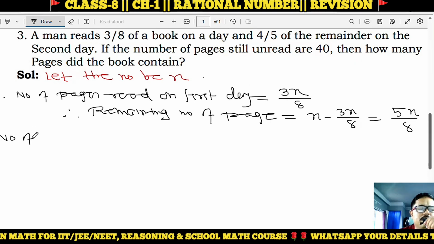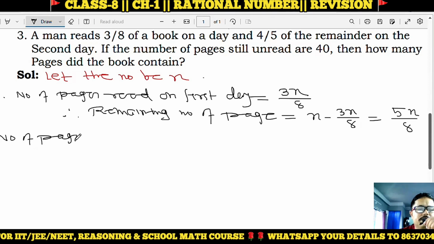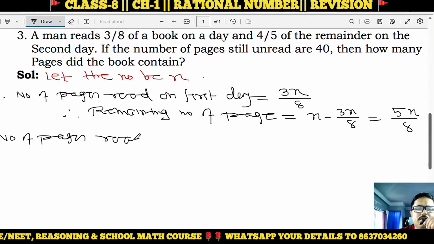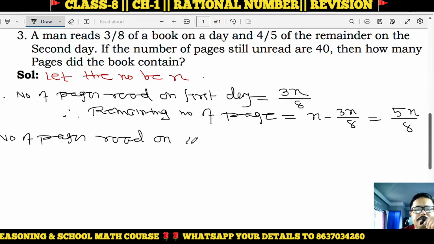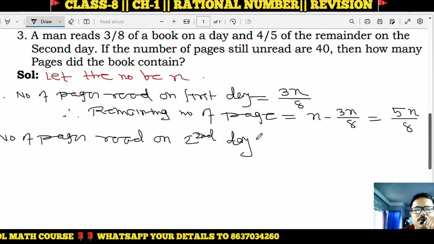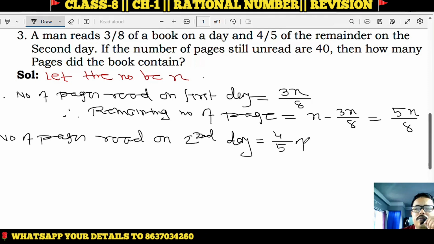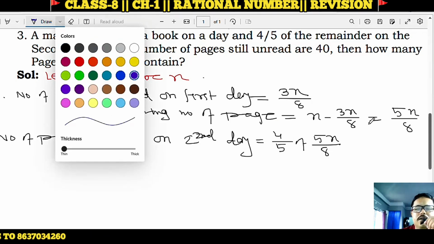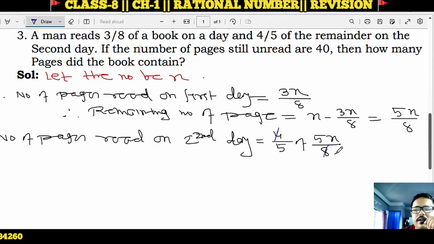So the number of pages read on the second day will be 4 upon 5 of 5x upon 8. So we can reduce the numbers: 4 twos are 8, 5 and 5 cancel. So it's coming x upon 2.